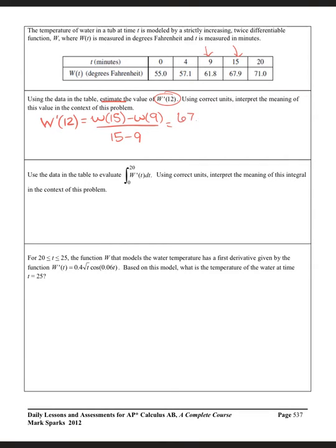So we have 67.9 minus 61.8 all over 6, which if you do that calculation, you get 1.017. And your units would be degrees per minute.